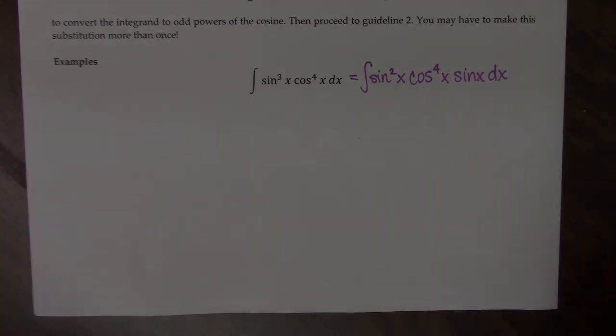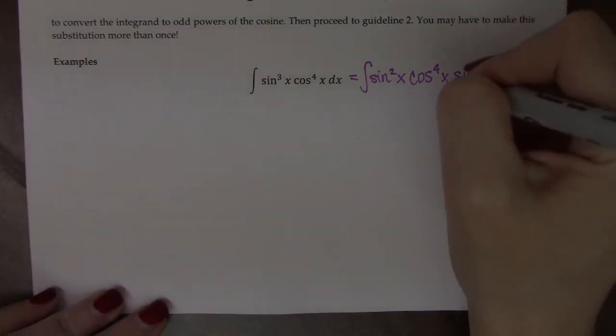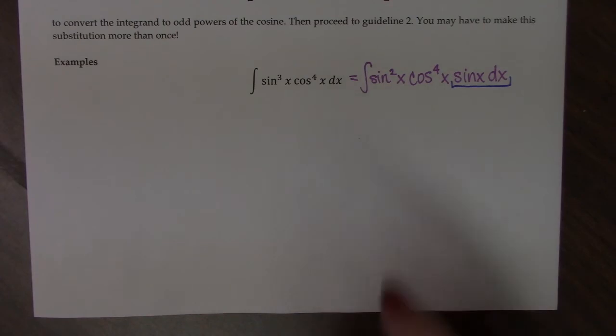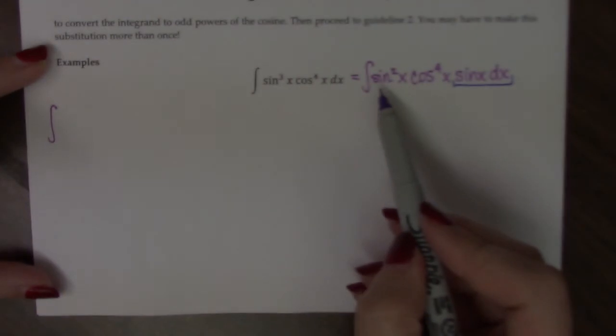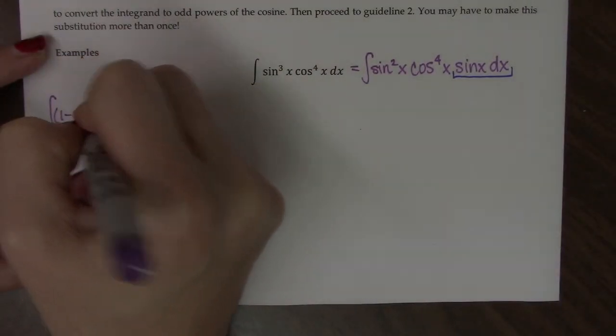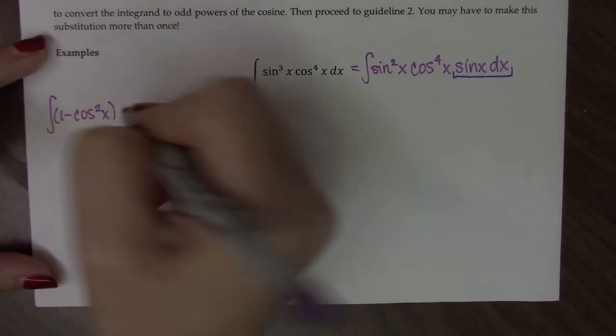So this right here, sine x dx, is going to become my du, so I need to turn the remaining sines into cosines. I'll do that by using the Pythagorean identity that sine squared x is 1 minus cosine squared x.